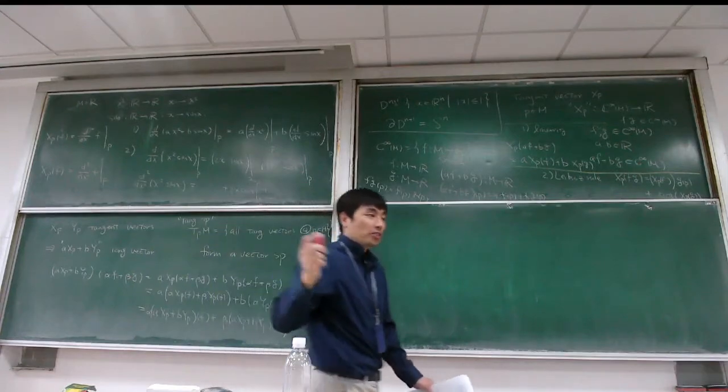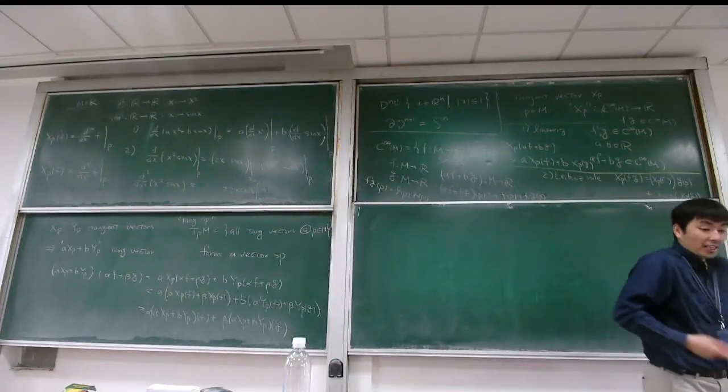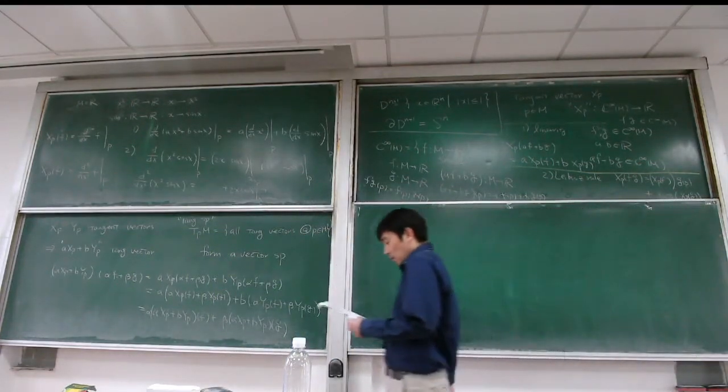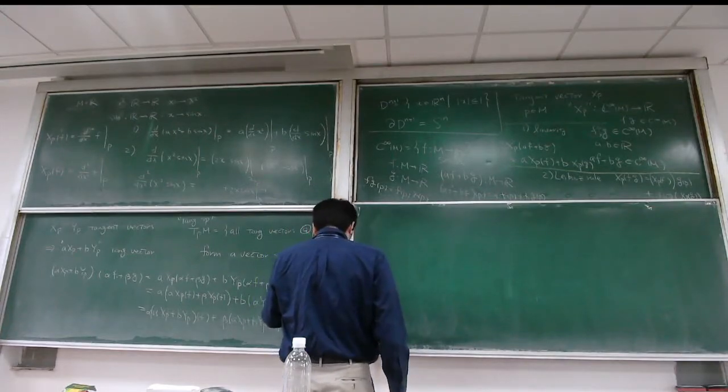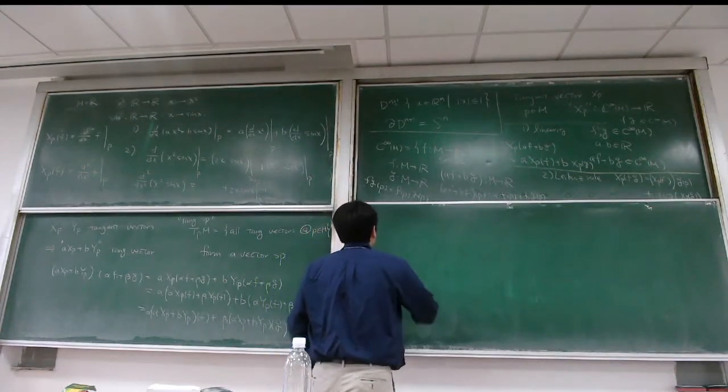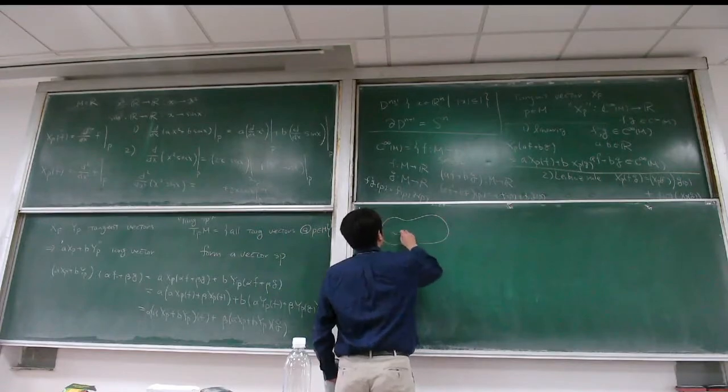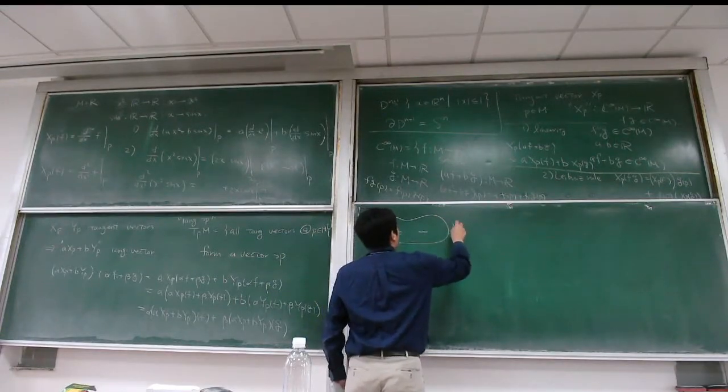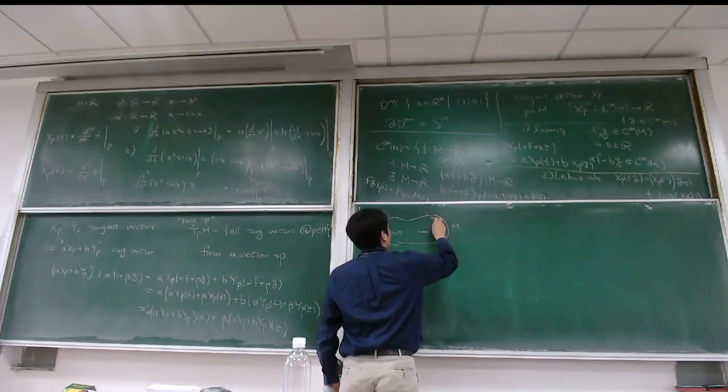If you have a question, if you don't understand something, or if you understand something, just speak up. People often write it as follows. This is a manifold M, and pick a point p.